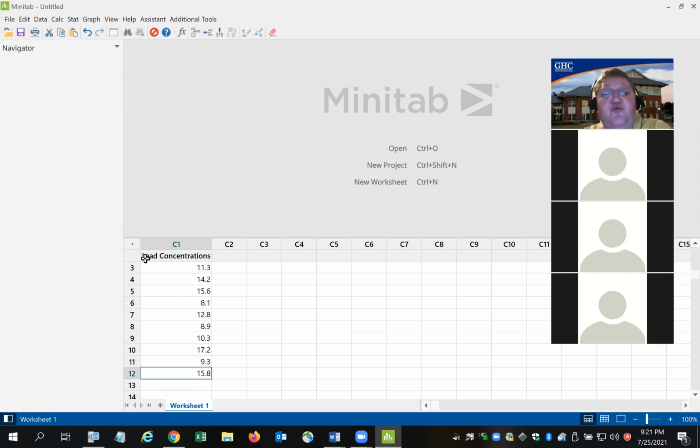Okay, so I've entered the 12 data values that I was given. And now I'm ready to do my hypothesis test. Minitab is going to do everything else I need it to do behind the scenes.